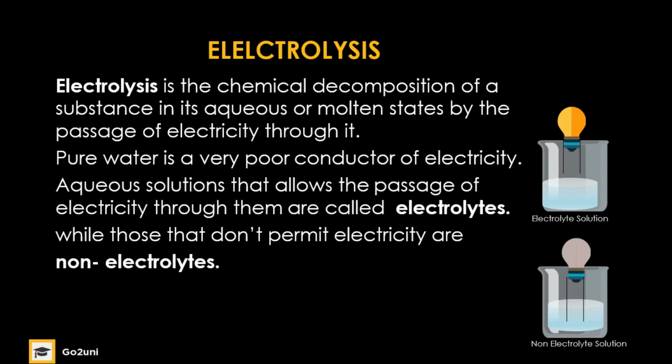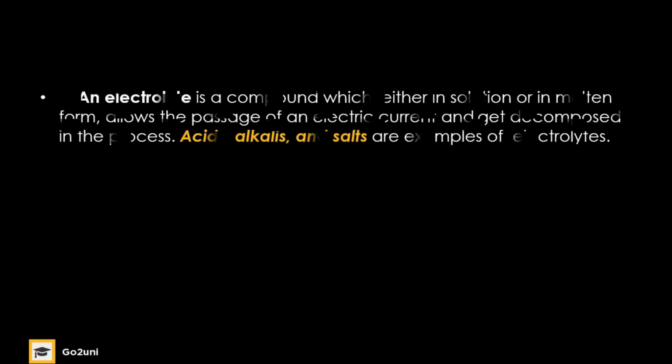These solutions are simply called electrolytes, as we have said earlier on. But solutions that do not permit the flow of electricity through them are called non-electrolytes. So the question now is, what are examples of electrolytes and non-electrolytes?